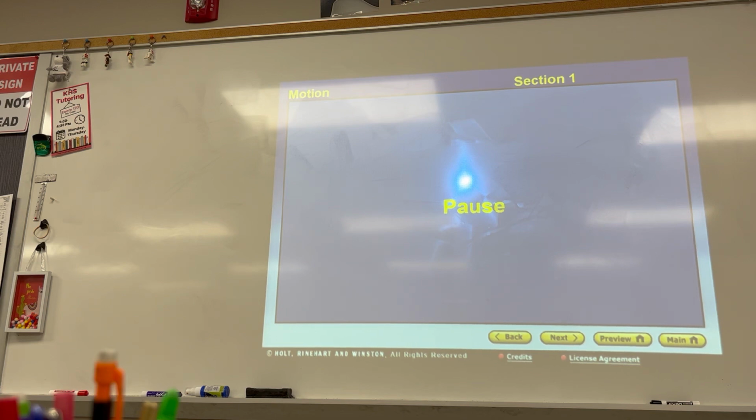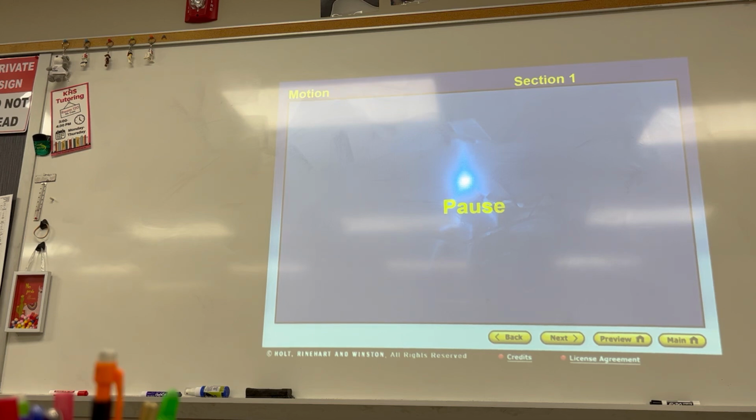Alex? The speed. I can measure how fast it's going, which would be the speed or the velocity, or kind of different ways of measuring how fast it's going. What's another thing I can measure about something's motion? We got speed, velocity, which are kind of similar ideas.